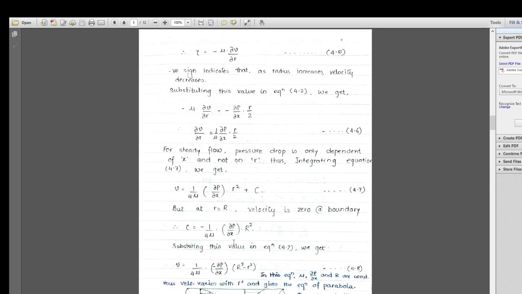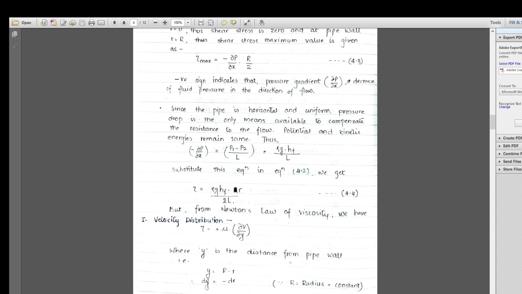If we differentiate this equation, we will get dy is equal to minus dr, where R is the radius which is constant.